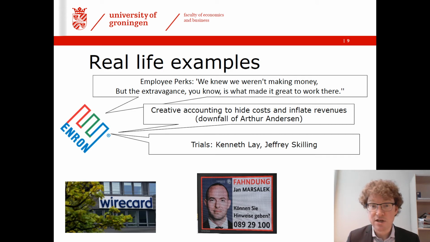And as I just mentioned, the accountant Arthur Andersen doesn't exist anymore. There was an enormous amount of creative accounting. Once this firm fell, it turned out lots of costs were hidden from the accountant, from outsiders. Therefore, revenues were just made up and inflated to such an extent that the board members of this firm were actually put to trial.